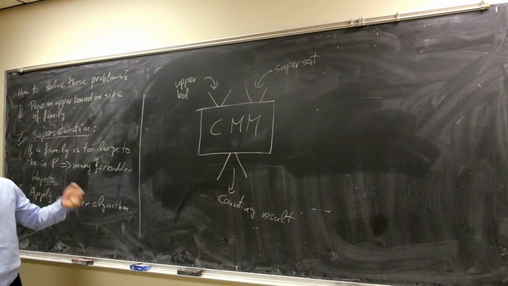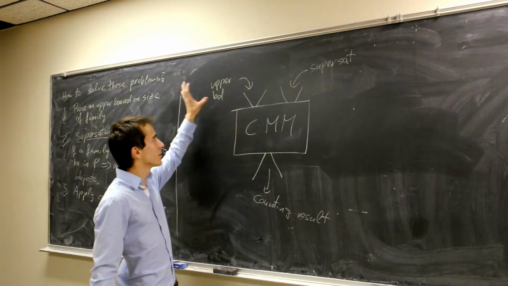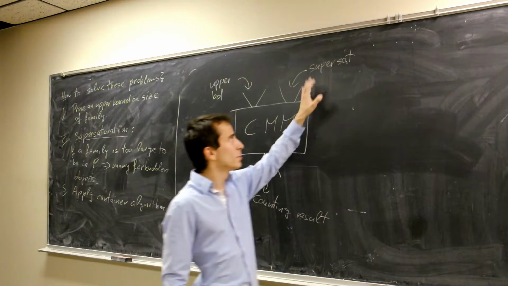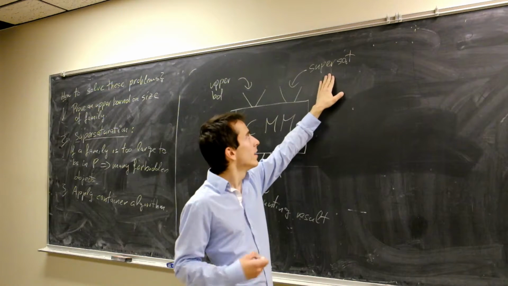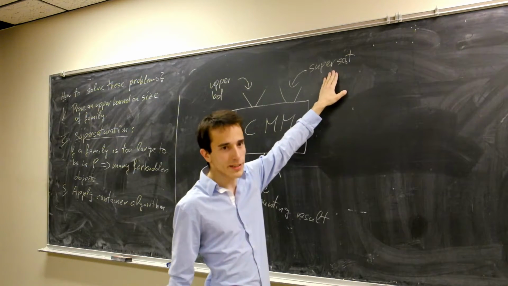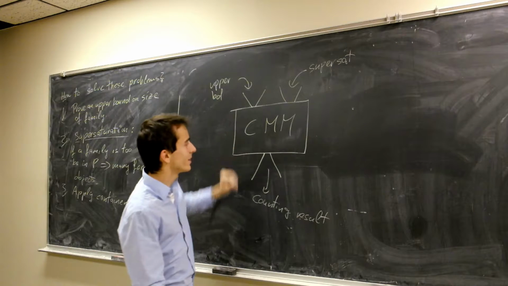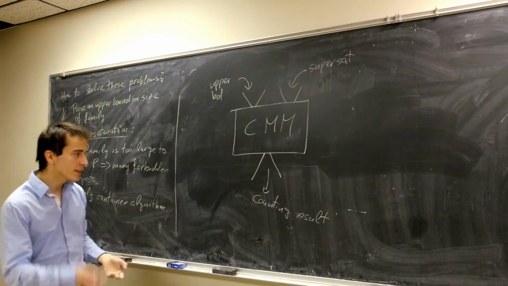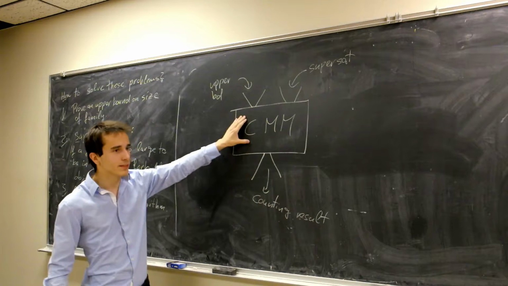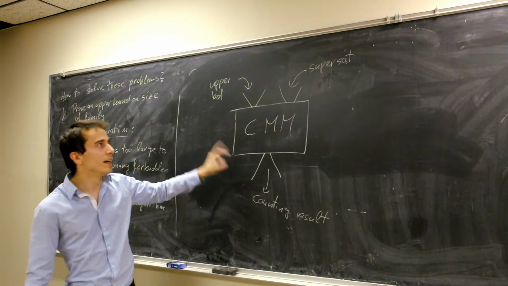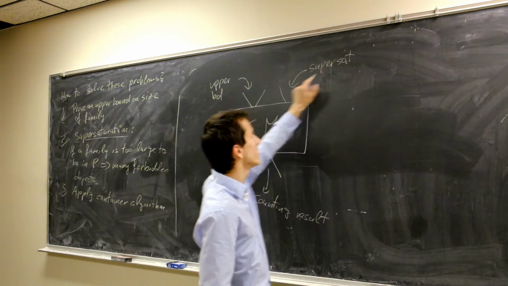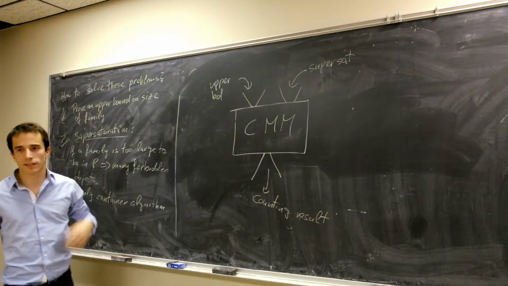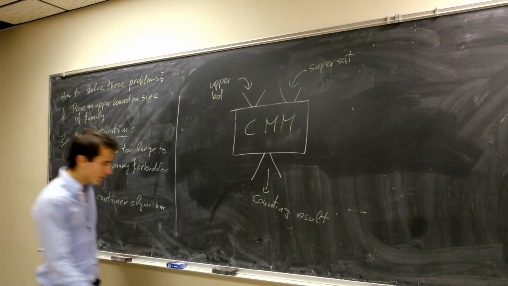But if you do a lot of work for the upper bound, and you put effort into proving a good supersaturation result, put everything into it, then you should get a good counting result at the end. So conversely, if you apply the container method and you didn't get a good counting result, that's usually because your upper bound or your supersaturation result wasn't strong enough.